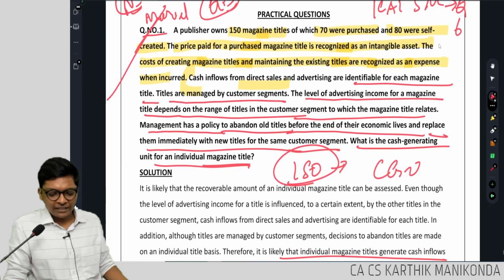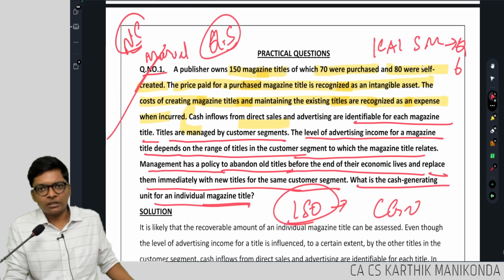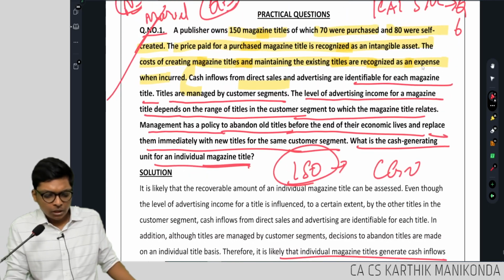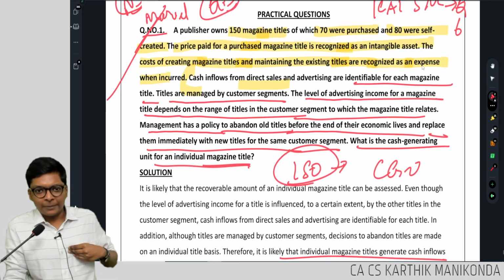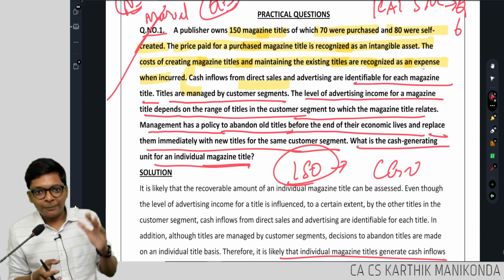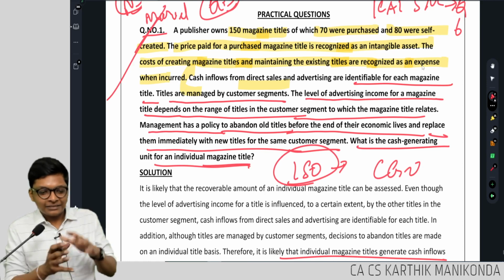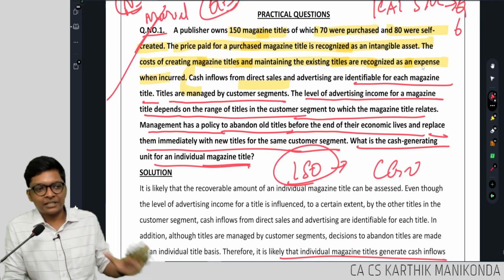Okay, fine guys. This question came in the ICAI study material. CA Final impairment has this question. Just 2 days back I took the Final class, and the same question we discussed there. Same question again over here. Okay, next.